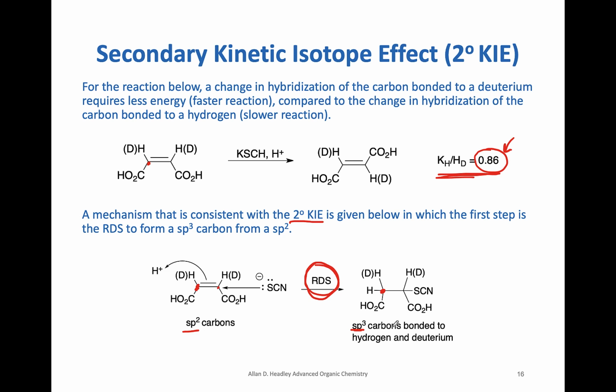This, of course, is not the product. The product is here, where there is an isomerization from the cis to the trans. So all that's needed is, in a fast step, see how we can get back the trans geometry.